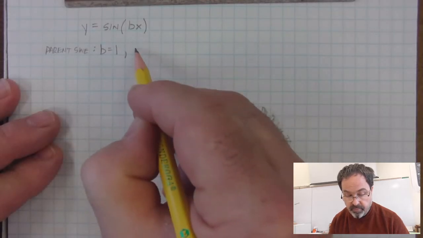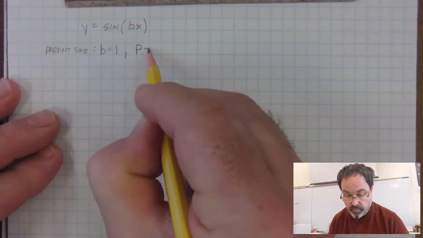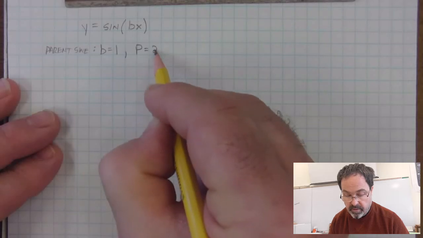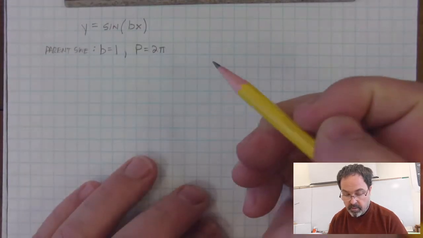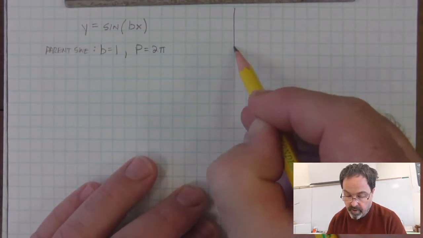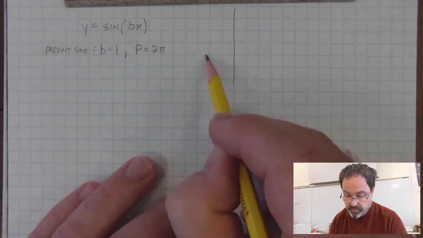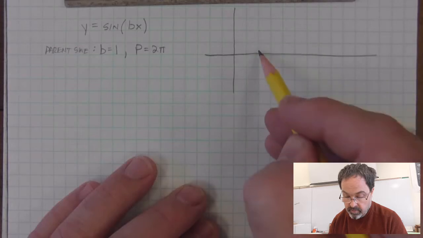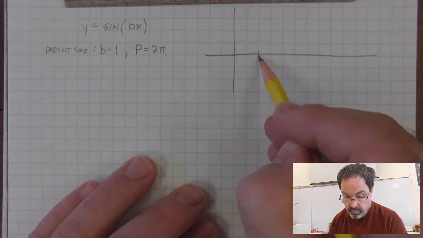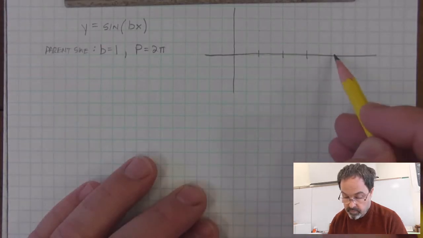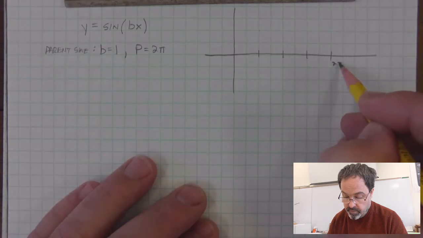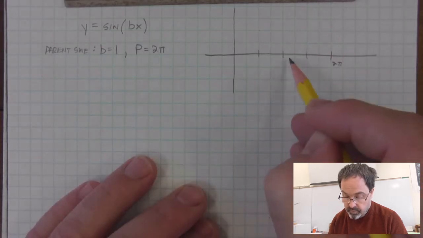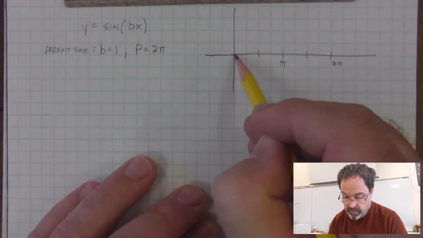The parent sine function has a period, we could call it p, of 2 pi. And we'll sketch a graph of parent sine. Parent sine has a period of 2 pi, which we'll label here. Halfway is pi.